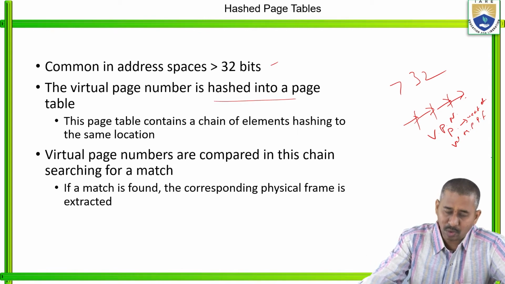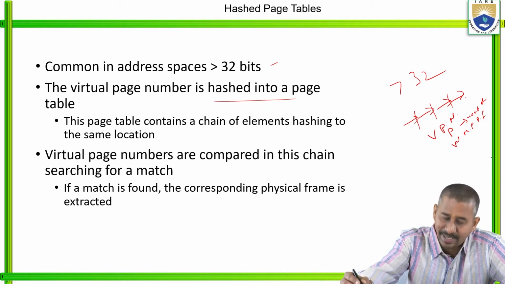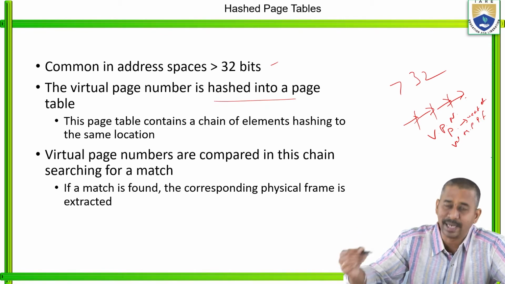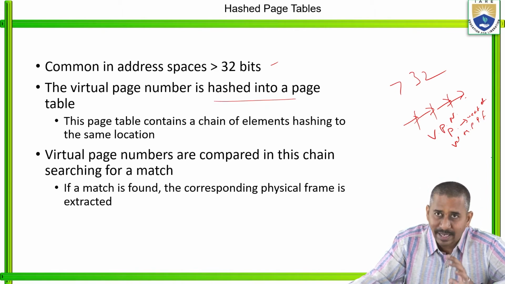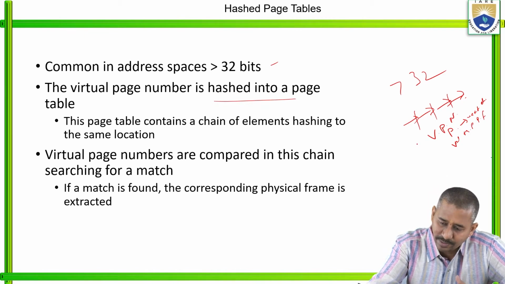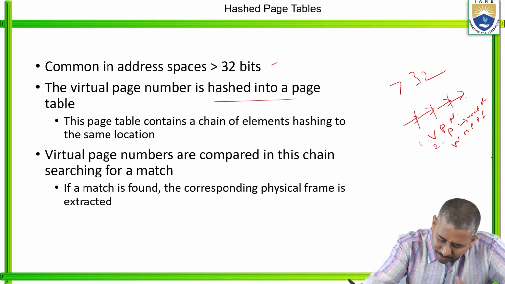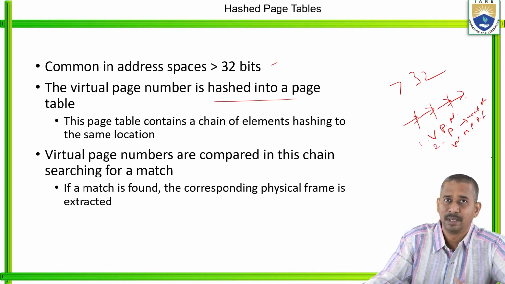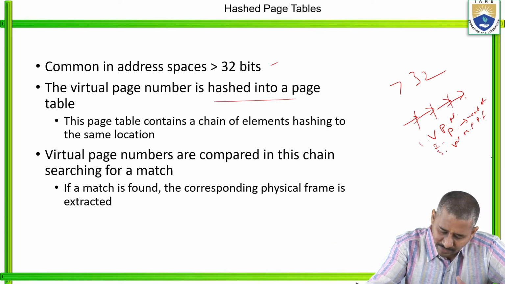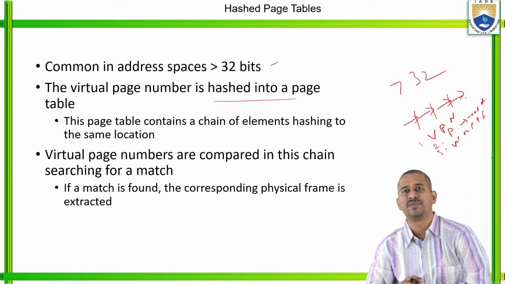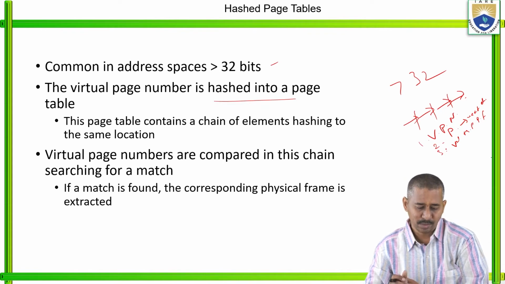In this hashed page table, there is a chain of elements hashed into the same location. Each element consists of first, the virtual page number; second, a pointer to the next element in the list; and third, the value of the mapped page frame.